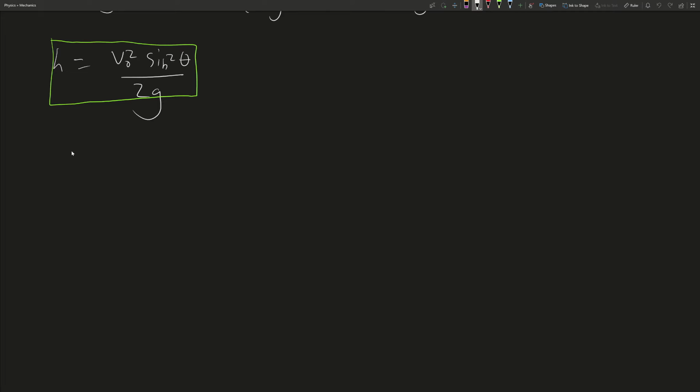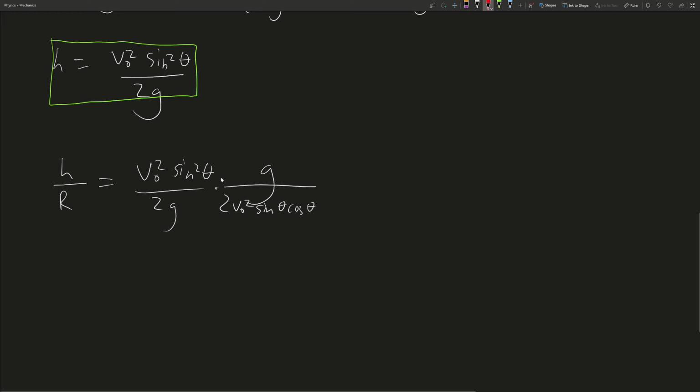Now, another relation we can find is the relationship between its maximum height and range. So if we take the maximum height divided by the range, we have v0 squared sine squared theta over 2g, and then we can multiply by the reciprocal of the range, which is g over 2 v0 squared sine theta cosine theta.